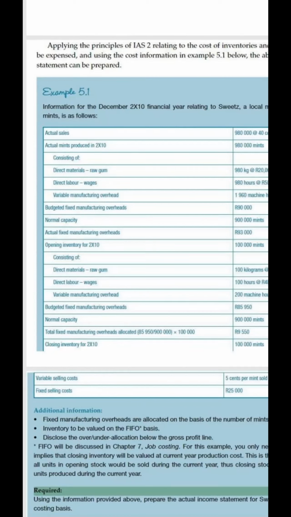Because this is costing, for example, if you check the notes, we're talking about a distinction between product costs and period costs. The notes say product costs are the ones that are assigned to the product, to the inventory, the stock, whatever it is that you are manufacturing. And period costs are the ones that are expensed.